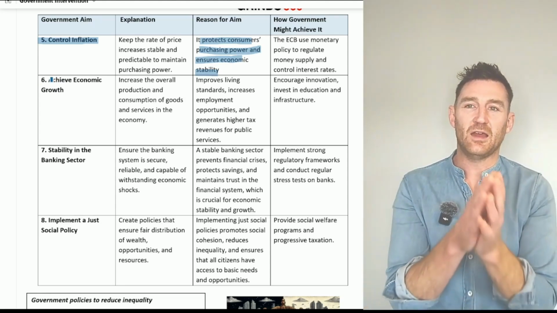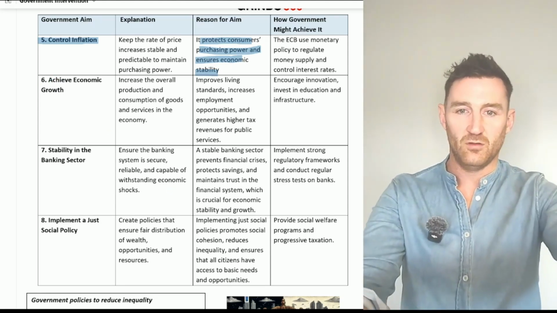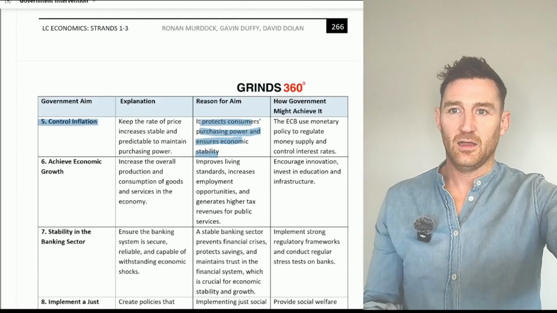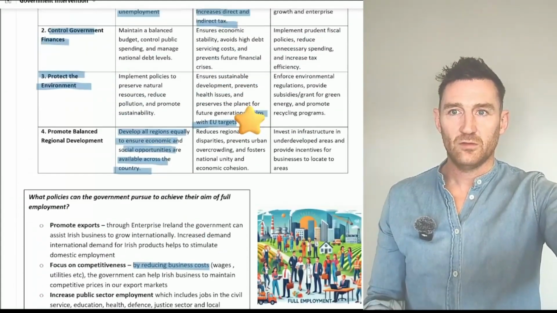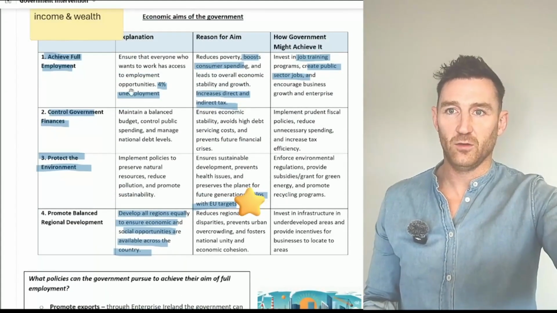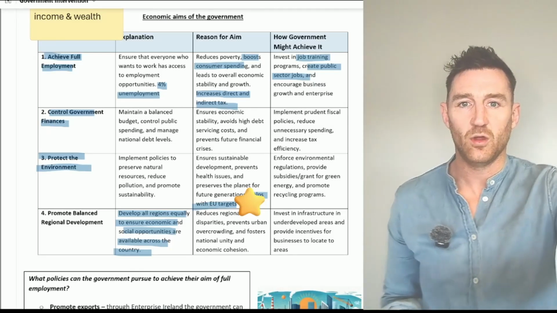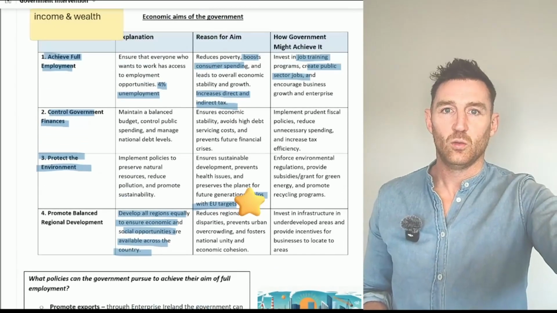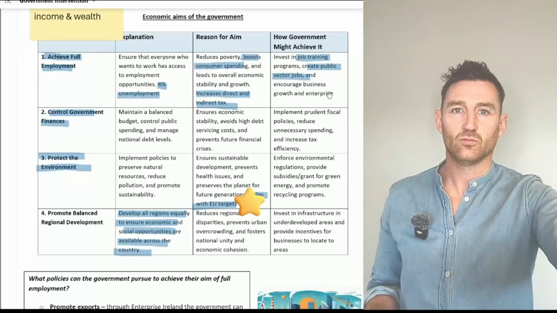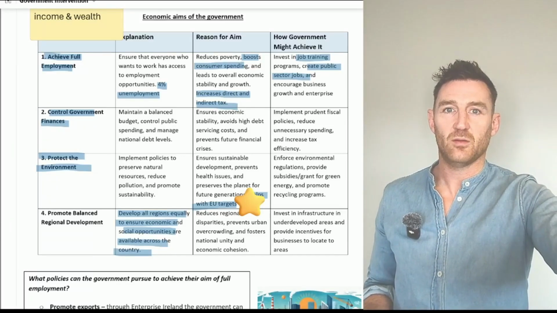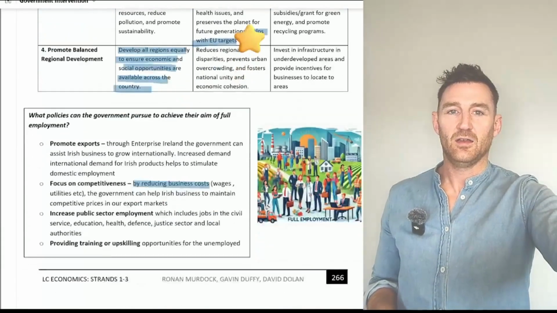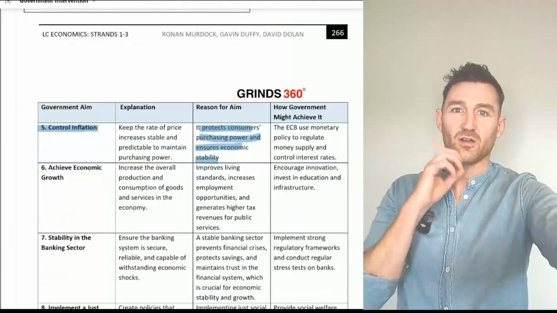You might see how, let's say the government want to control inflation and they want to achieve full employment. So if the government decide, what we're going to do to achieve full employment is encourage business growth and enterprise, and we're going to give loads of grants to businesses who want to start.